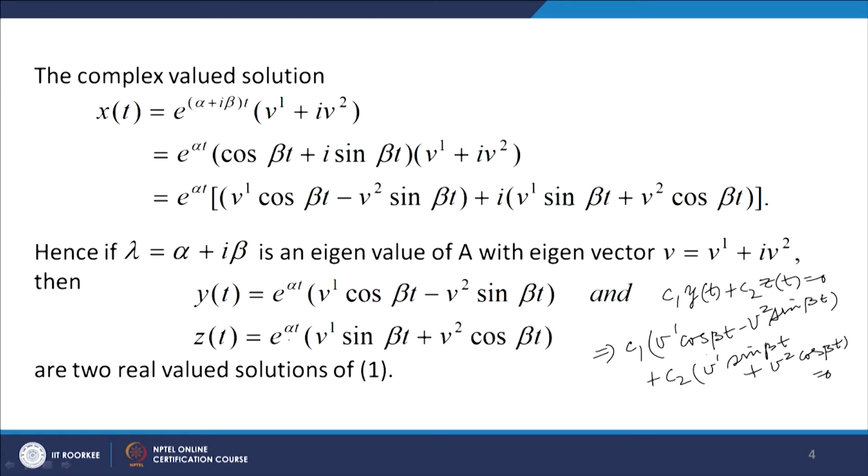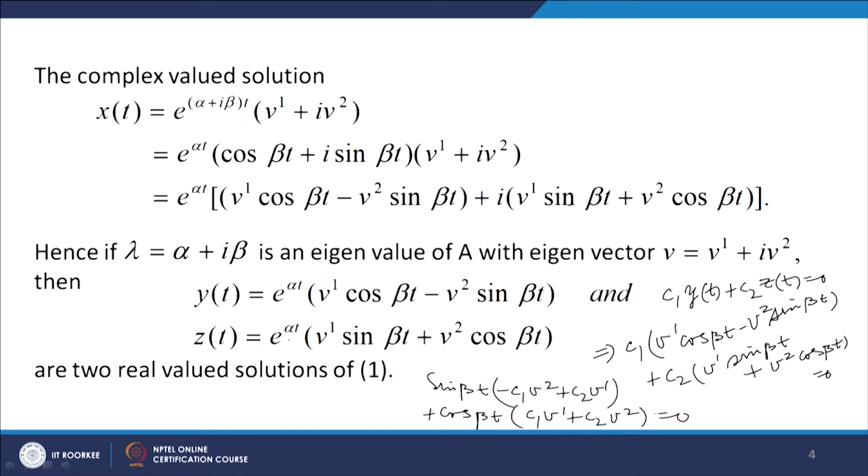Now, let us collect the coefficients of sin beta t and cos beta t. So, we get sin beta t times (minus C1 b2 plus C2 b1), and then plus cos beta t times (C1 b1 plus C2 b2) equal to 0.